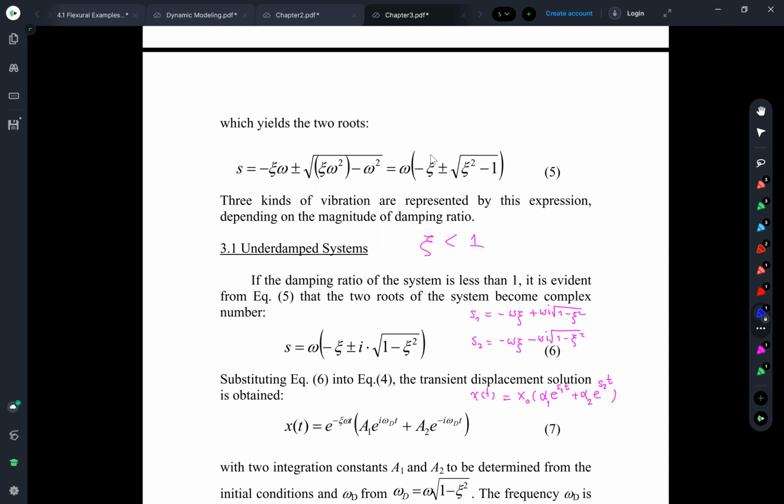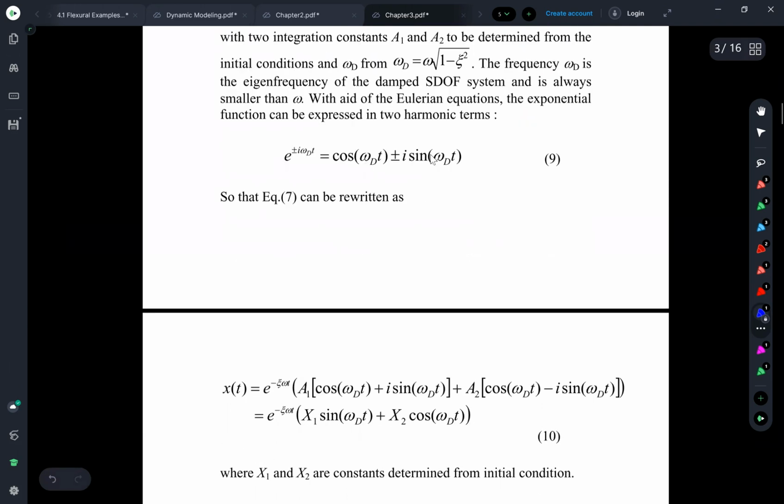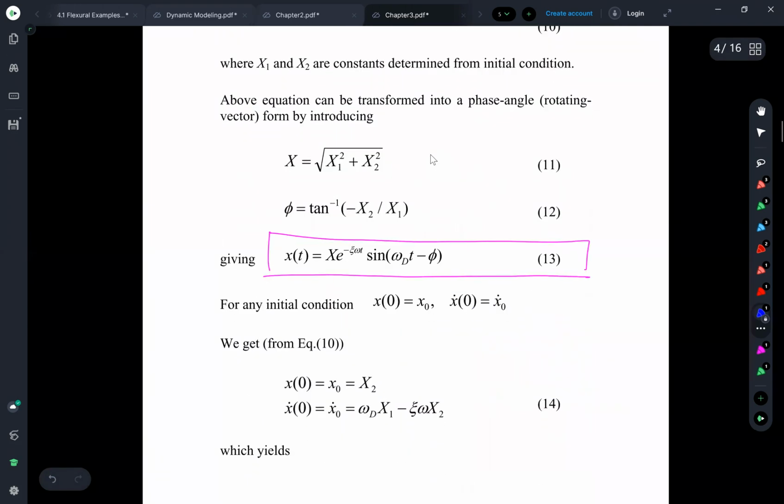And I think I already asked you to watch the clip that I discussed with your seniors last year about this topic. It shows that the solution when the damping ratio is less than 1 is equation number 13.